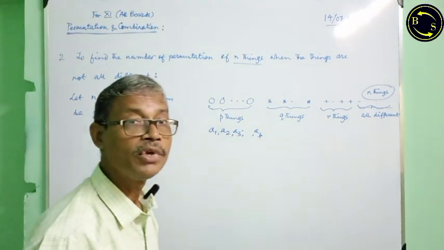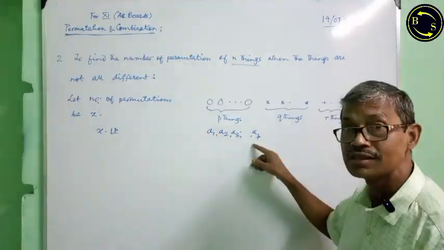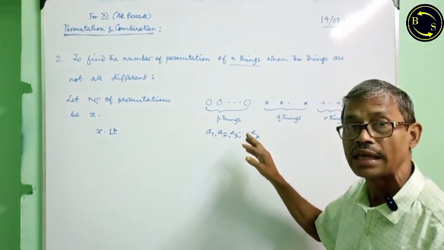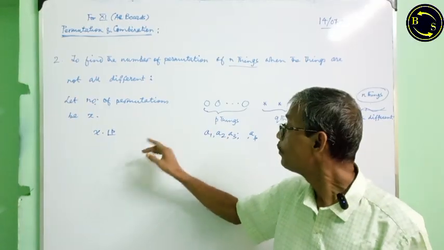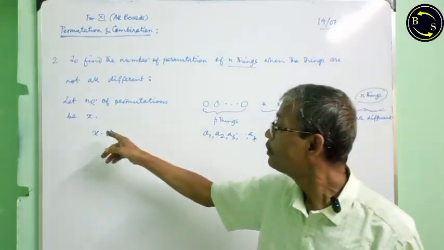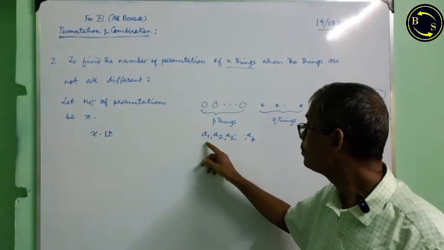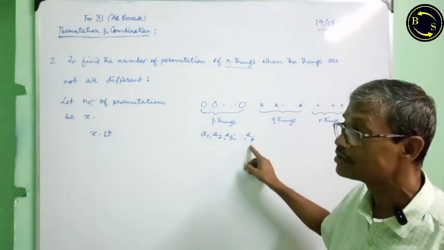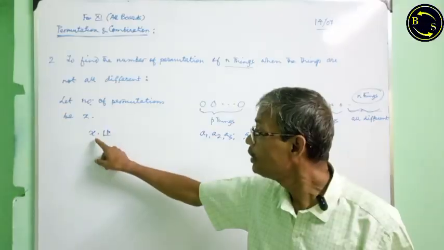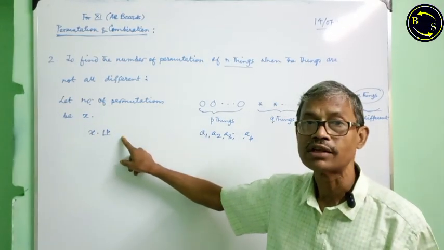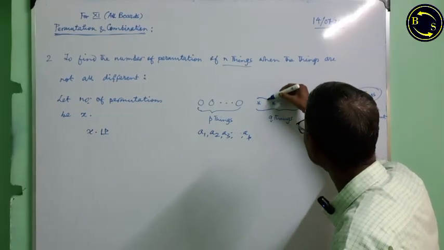Why factorial p? Because these different ai's can permute among themselves in factorial p ways, and for each permutation, number of permutations is x. Therefore, if we arrange those p different things in factorial p ways, total number of arrangements will be x into p factorial.